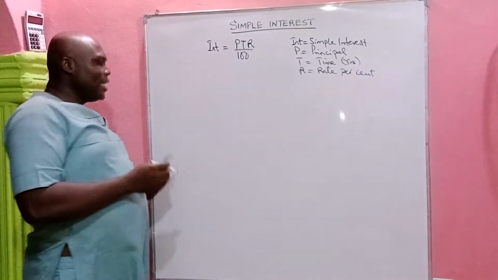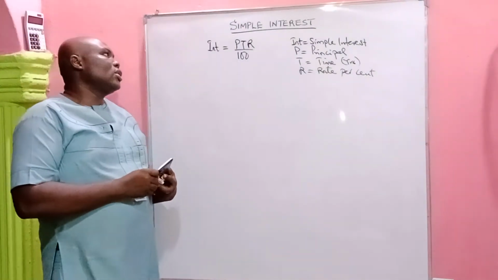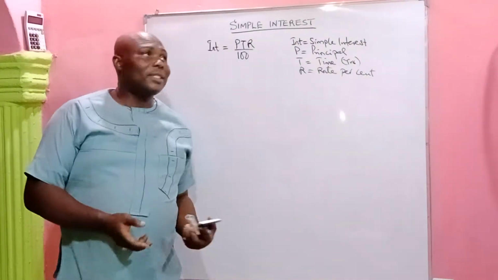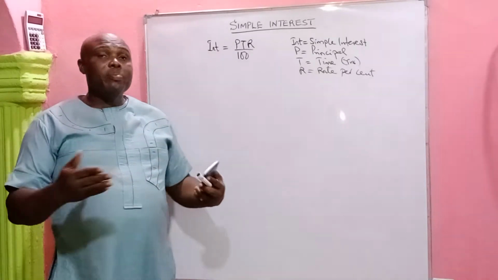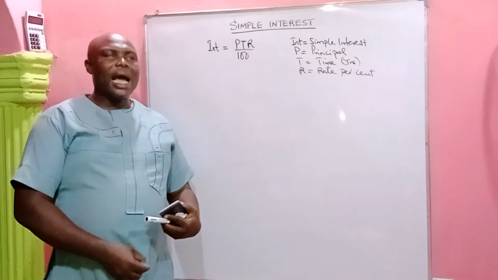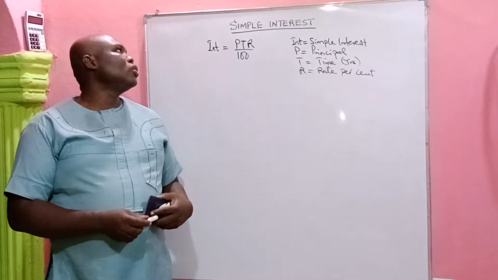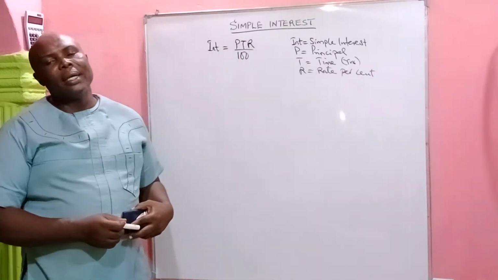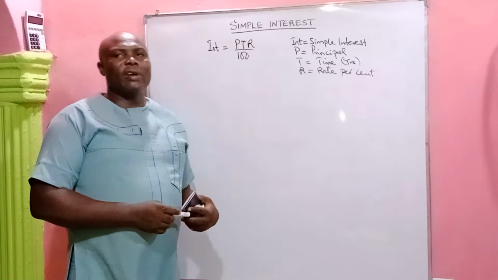So anytime we want to find the simple interest on a sum that is invested for a given period and for a particular interest rate per annum, that's the formula we use. Interest is equal to principal times time times rate all over 100.